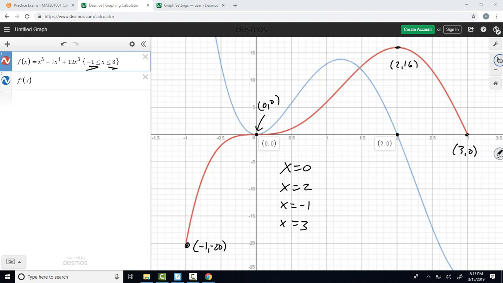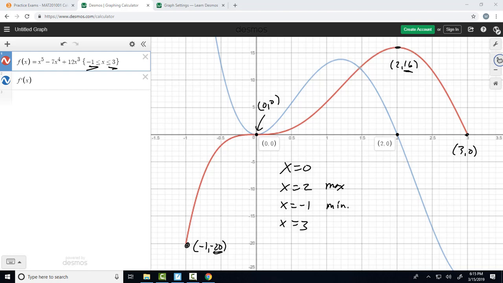We saw that this one, since the y value was greatest here, was the global max. And since the y value was the smallest here, we said that at x equals -1, we had the global min.